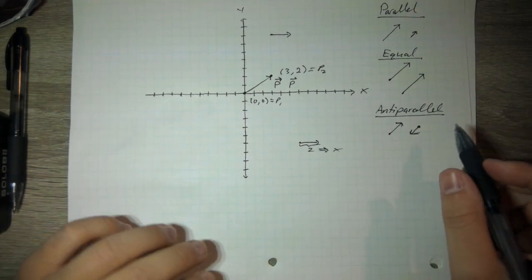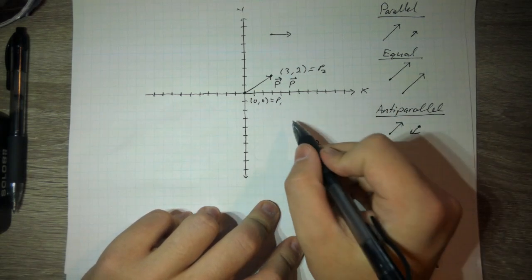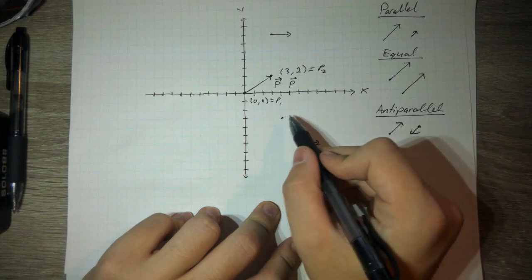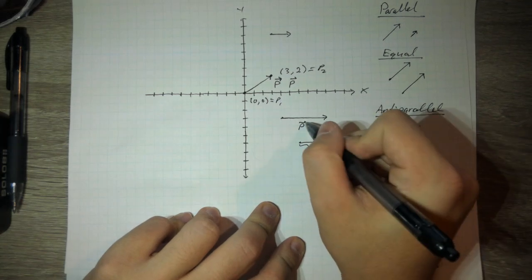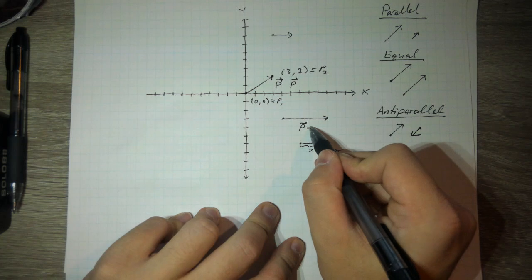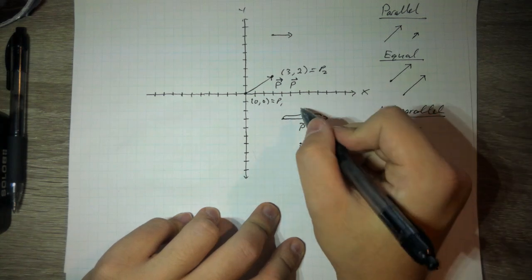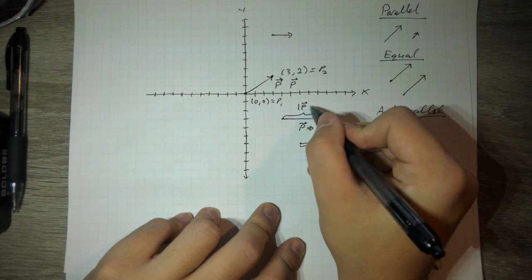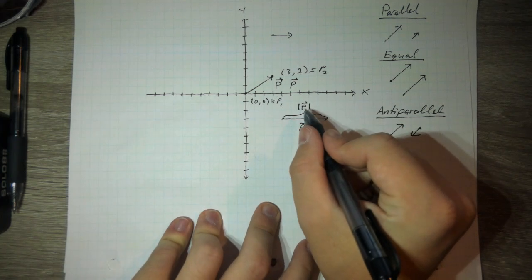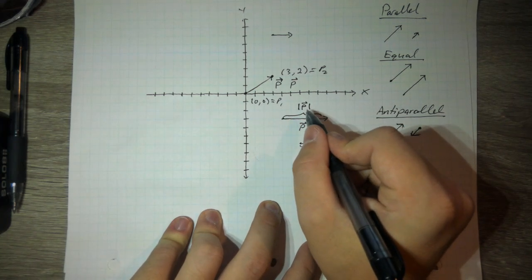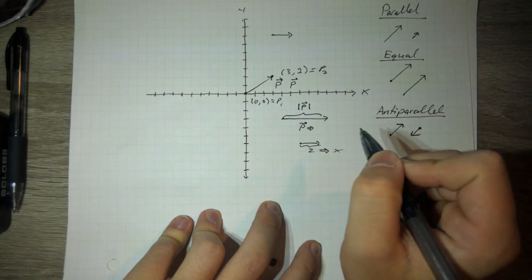Another notational note here with vectors, just something that when you see it, you'll know what it means. If you have a vector P, a lot of times the magnitude of this vector, so the length, is denoted like this. They put these vertical lines around the P, so you know that this is referring only to the magnitude of the vector and not the direction component.